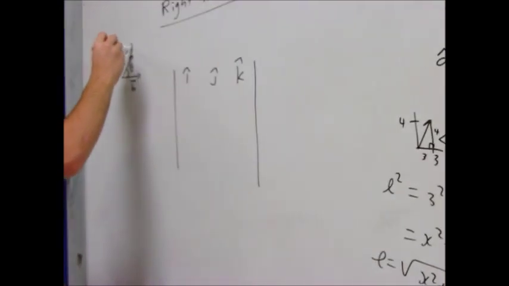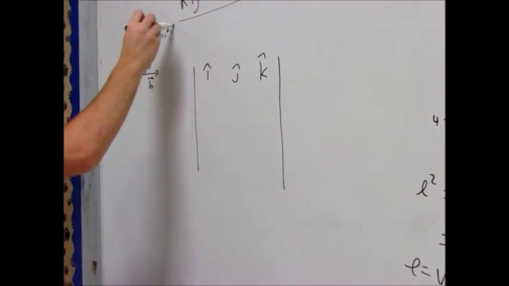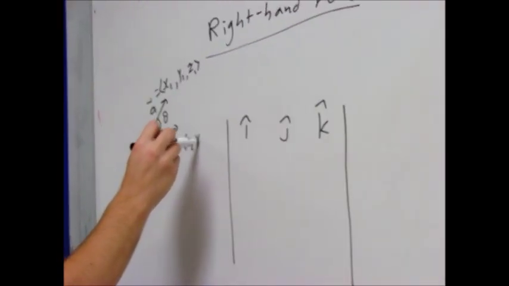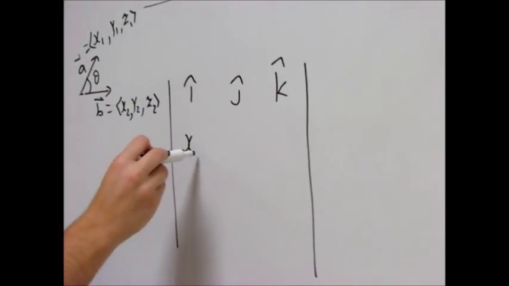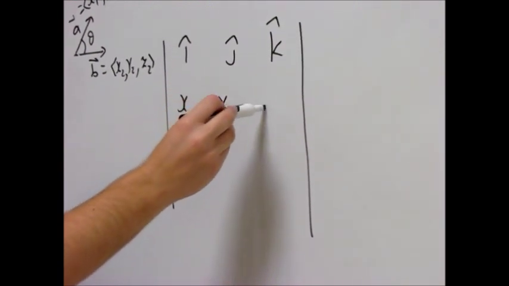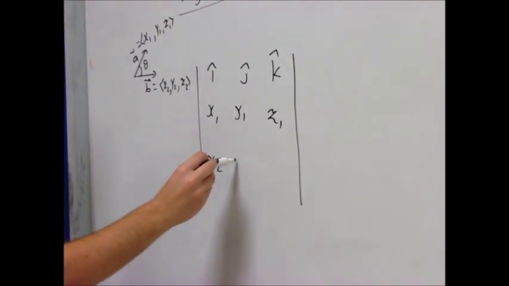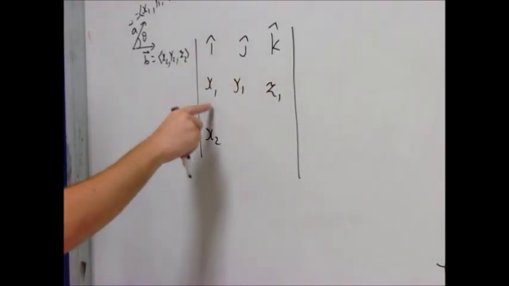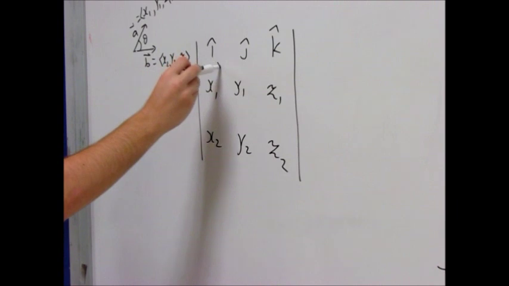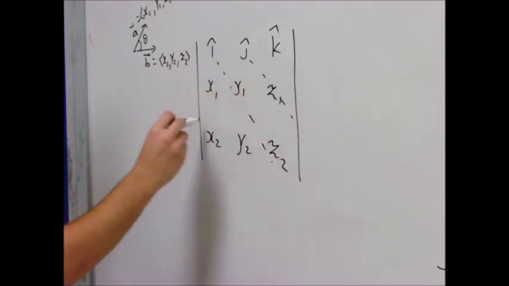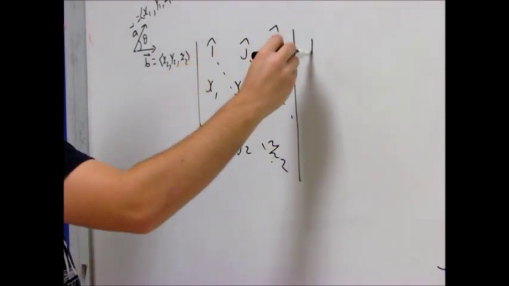So if A is x1, y1, z1, and B is x2, y2, z2, then you find the determinant of this matrix: i, j, k, x1, y1, z1, and x2, y2, z2. To find the determinant, you multiply these diagonals. So you basically rewrite these two rows.